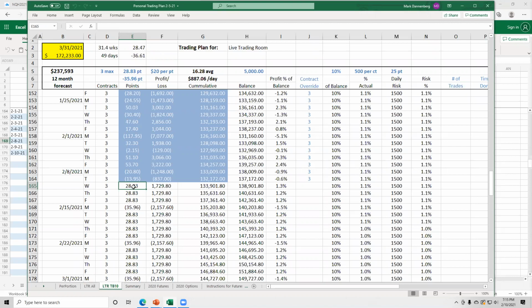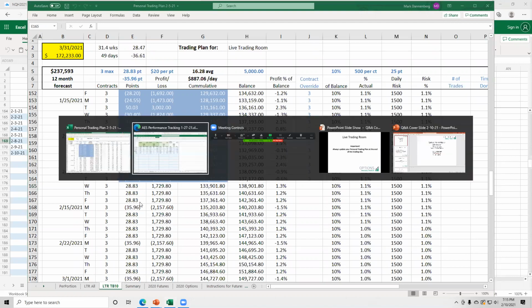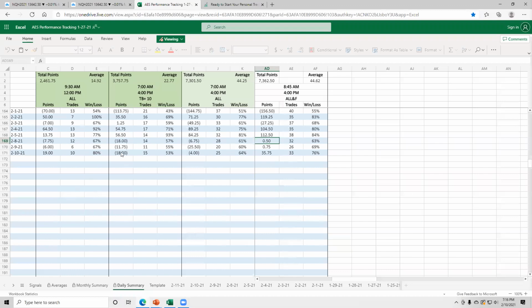So in the 7 to 4 category, we lost 18 points today. And so that 18 points at $20 a point, 18 times $20 a point, and we're trading 3 contracts.